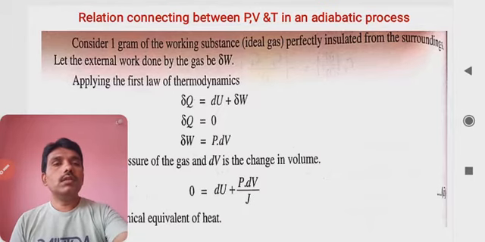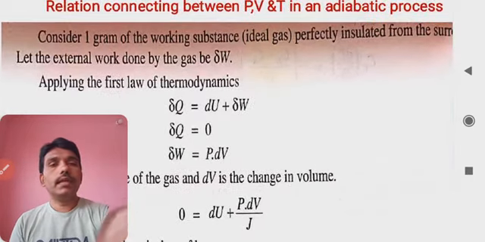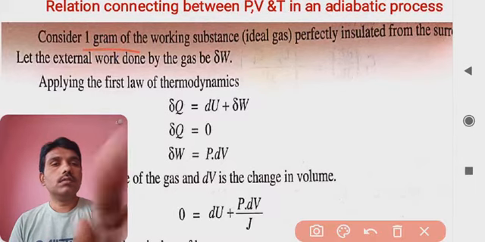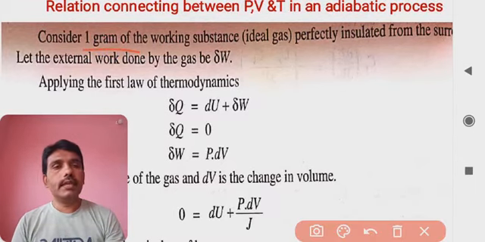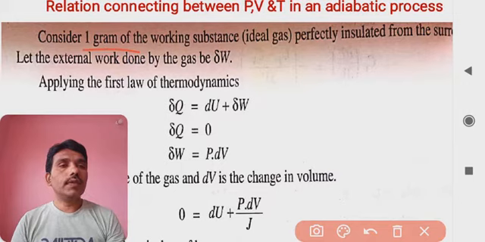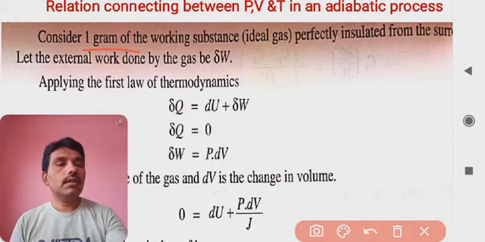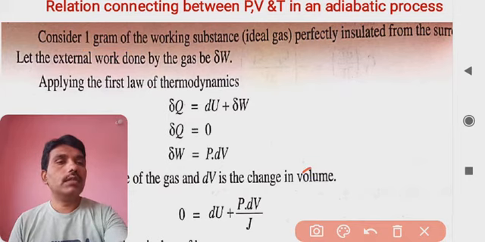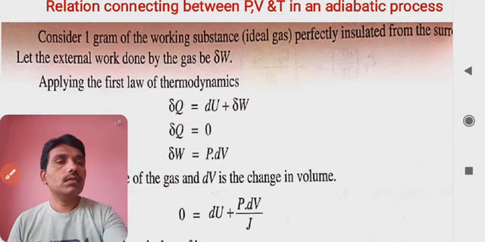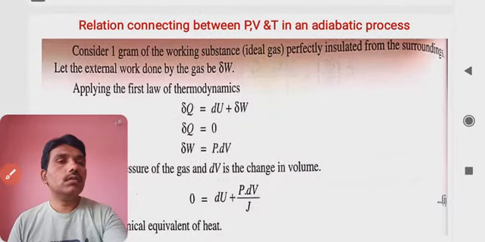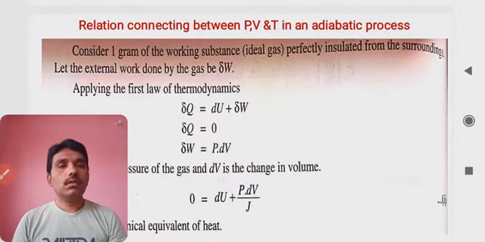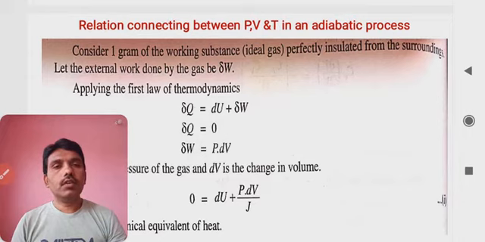Here, if we consider 1 gram of working substance as an ideal gas, kept perfectly in an insulating container, then whatever the surroundings are, the heat cannot be transferred from inside to outside.